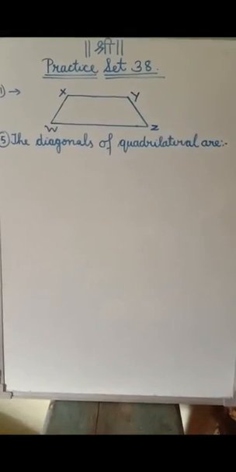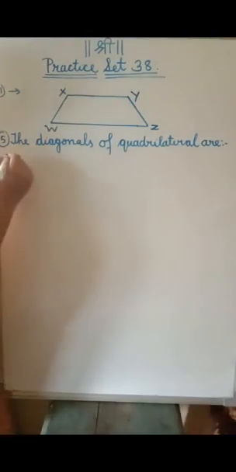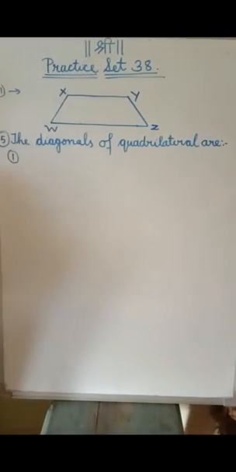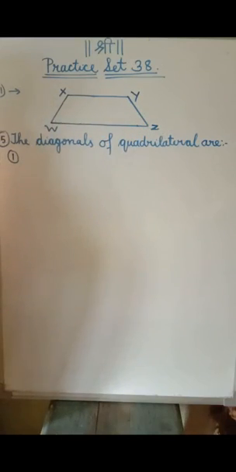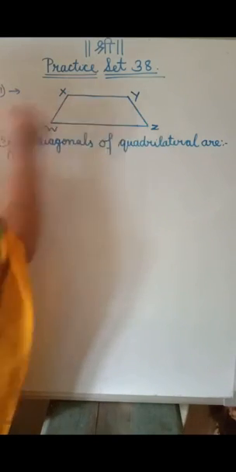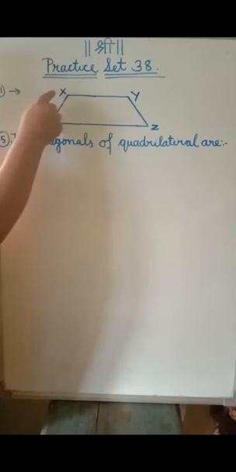So the question is the diagonals of the quadrilateral. We are going to write the diagonals of the quadrilateral are. We all know there are how many diagonals? 2 diagonals. The line segment which joins the opposite vertices is called a diagonal. If we draw a line segment in this way, what will be its name? Yes, XZ.